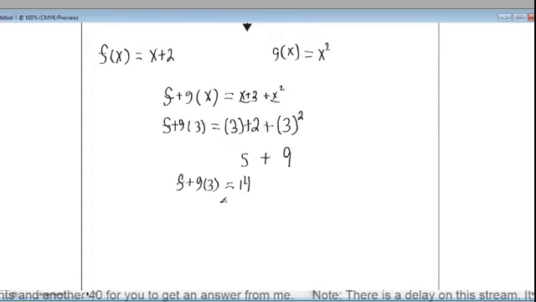So here we don't have to rely on knowing an input and an output. Here we can find just a general expression that represents the f plus g. And then we can plug in whatever we want and we can get the outputs.